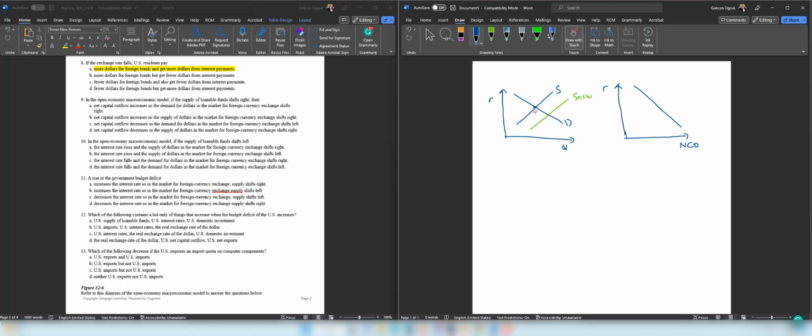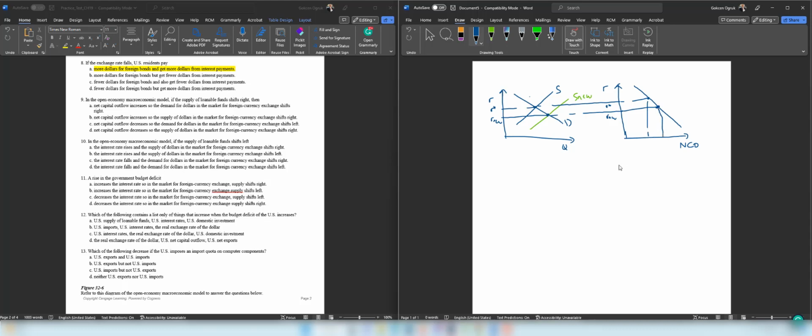So now let's look at here. This is the previous interest rate. Now because of the shift of the supply to the right, this is the new interest rate. At the previous interest rate R star, this is the net capital outflow; with the new interest rate, we have a higher net capital outflow. You can see from here.